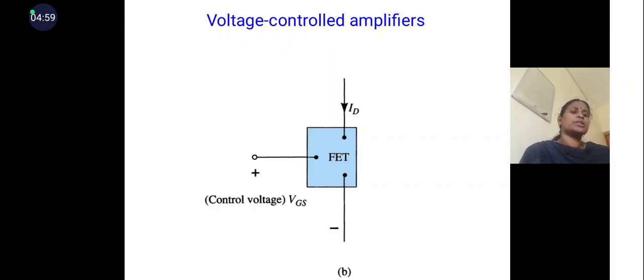Then what are voltage controlled devices? It is nothing but a device whose output current is controlled by the input voltage. Then it is said to be a voltage controlled device. So we can explain voltage controlled amplifiers as the amplifiers which use voltage controlled devices.